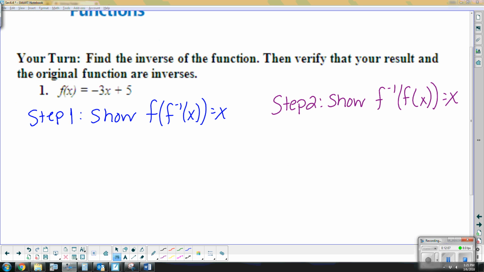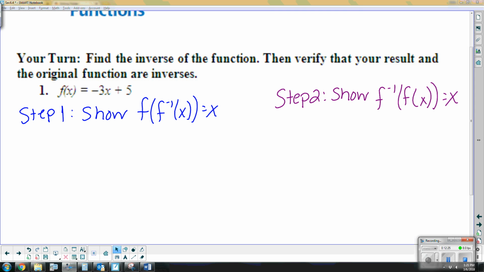So here are step 1 and step 2, if you needed a little bit of guidance to begin. So then you'll solve for both of those compositions, and they should both be equal to x, if they are indeed inverses.